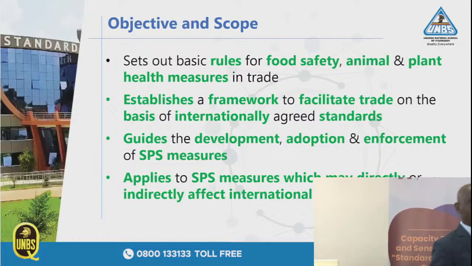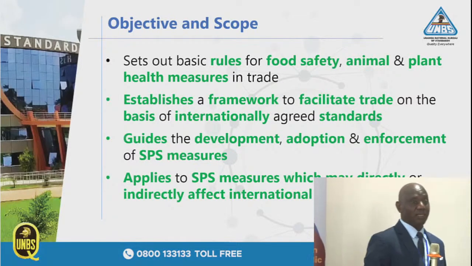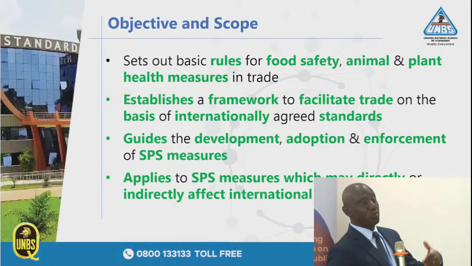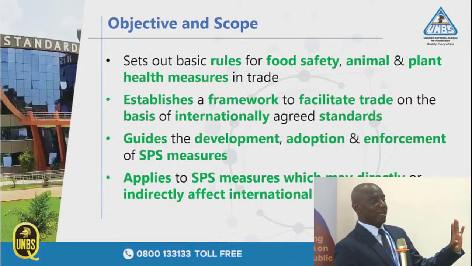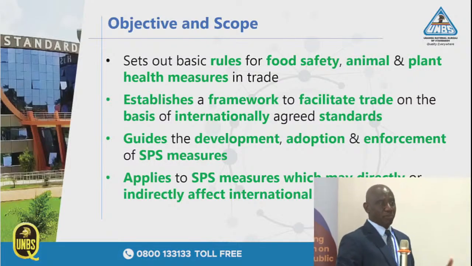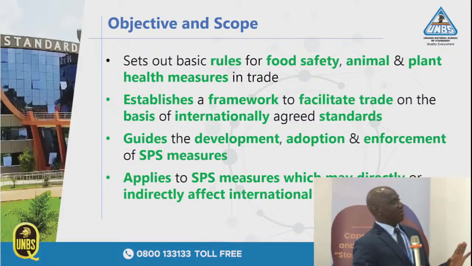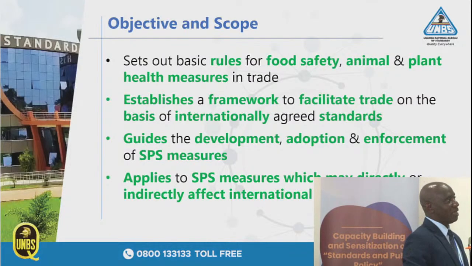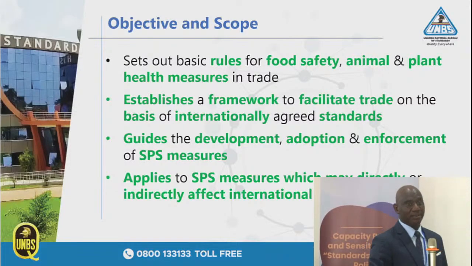The TBT Agreement, we saw, covers all products, including industrial and agricultural products. But when we are talking about agricultural products in the context of the TBT, I also mentioned that it excludes SPS measures.